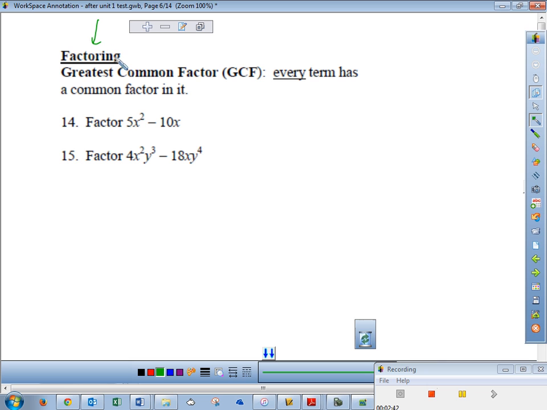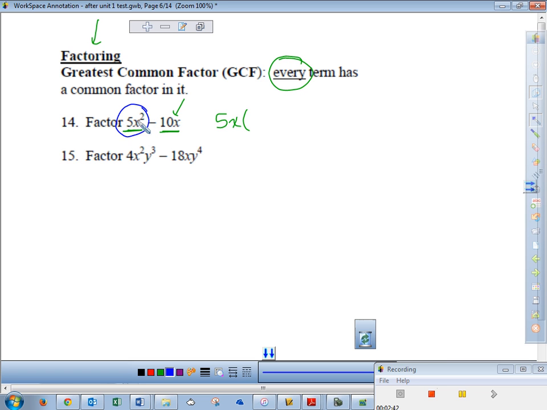Factoring. Yay! First kind of factoring is called the greatest common factor, where every term has a common factor in it. You see this term and this term, they both have a common factor number-wise of 5. 5 is the smallest number that goes into both of them, and each one of them has an x. So we take out the smallest amount of x's, and that's x to the first power. We're like undistributing, if you will.